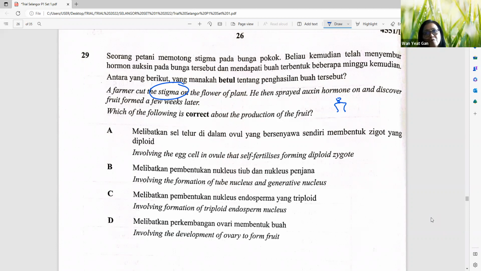So he sprayed a hormone, which is auxin, and this auxin causes the development of the ovary to form fruit. That means parthenocarpy. That means inducing the flower to produce fruit without fertilization. Right, so the answer is D.